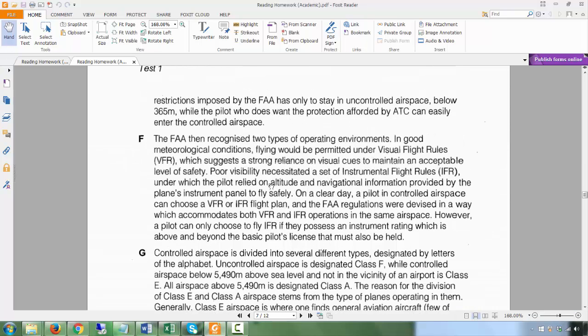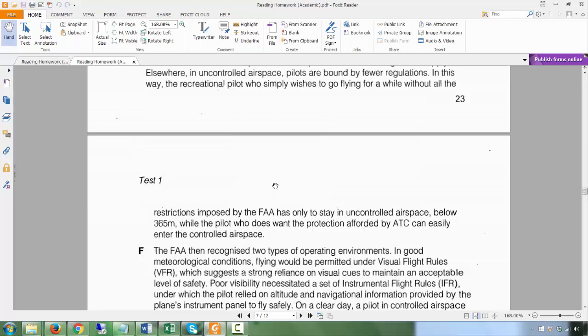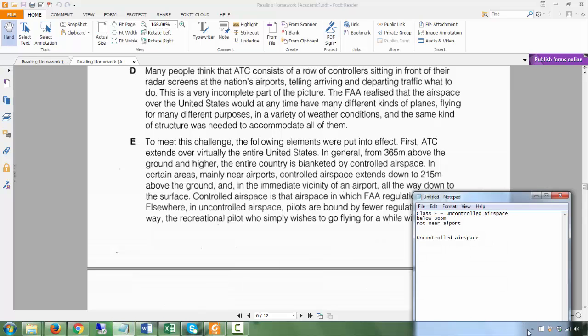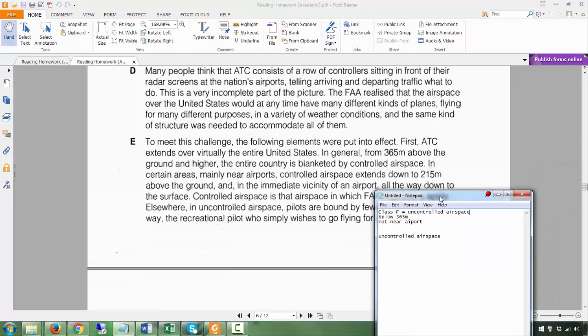Then going back to E, in general, from 365 meters above the ground and high, the entire country is blanketed by controlled airspace. In certain areas, mainly near airports, okay, this is not near airports, controlled airspace extends down.